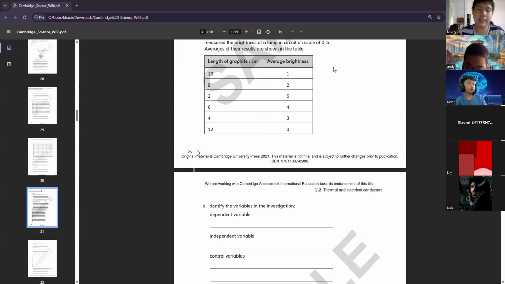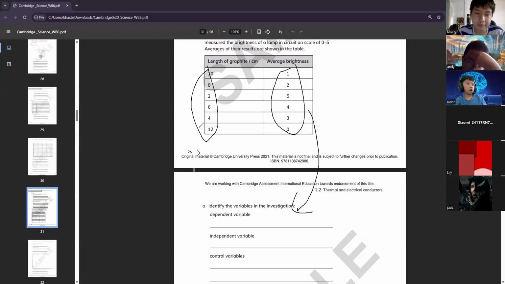So, in this question, they asked us for the dependent variable. And the dependent variable is the one that you're looking for. Since the average brightness is changed by the independent variable here, the dependent variable has to be the average brightness. Similarly, the independent variable here is the length of the graphite, because you can change that, right?